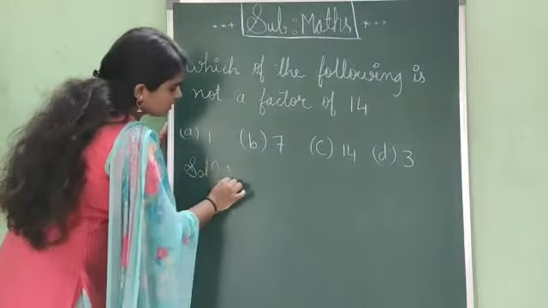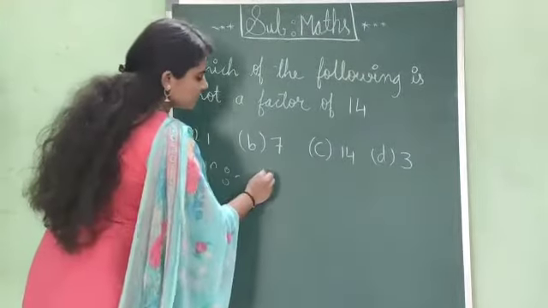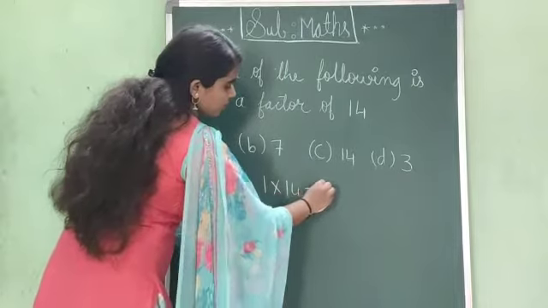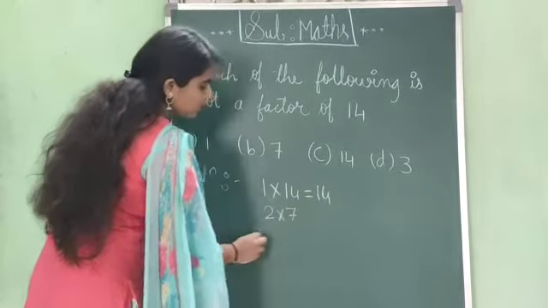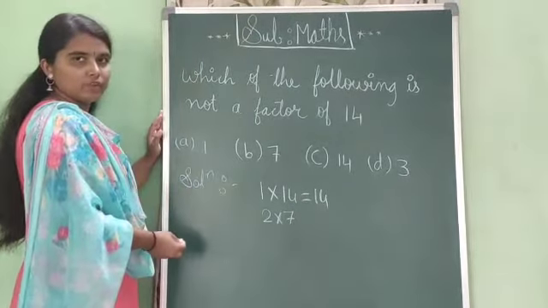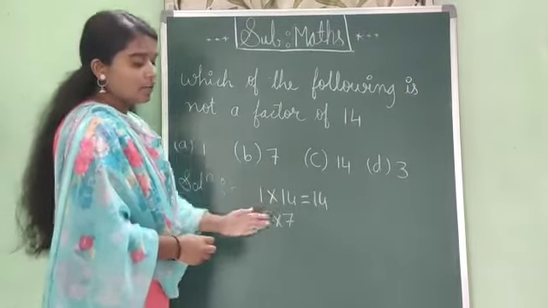What we should do, same thing as you did before. First, 1 14s are 14 only, right? Then 2 7s are 14. Then will it come in any other table? In the 3 table it will not come. In the 4 table also it will not come. But here only our answer is there.